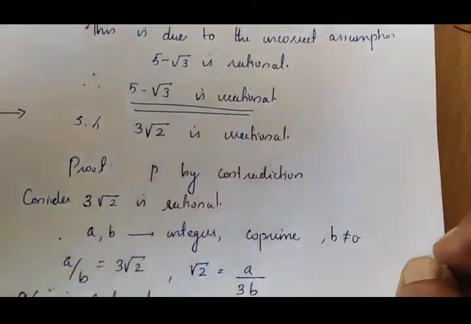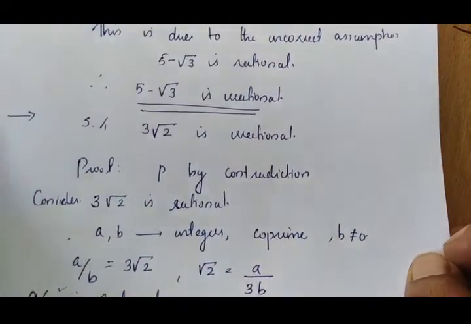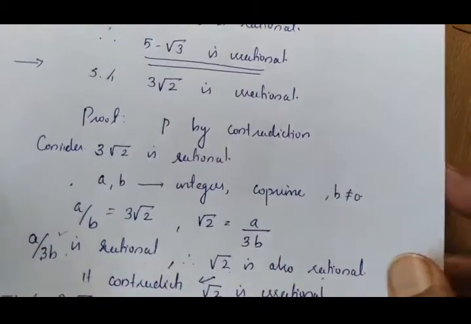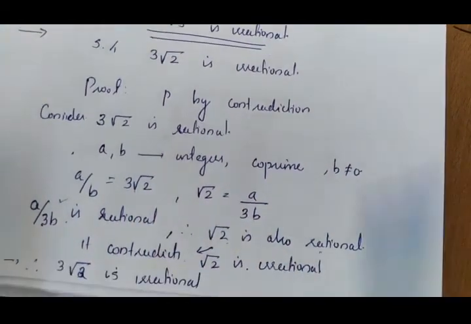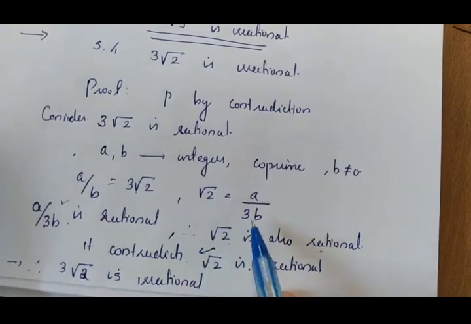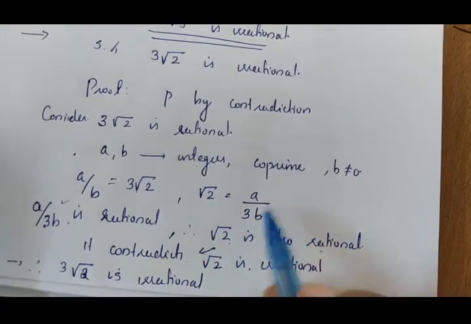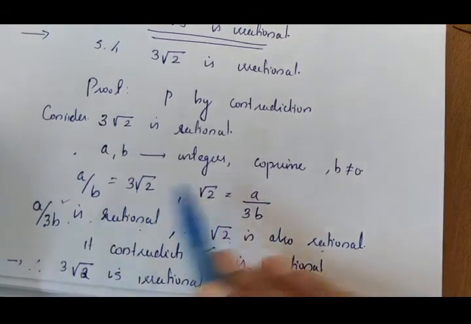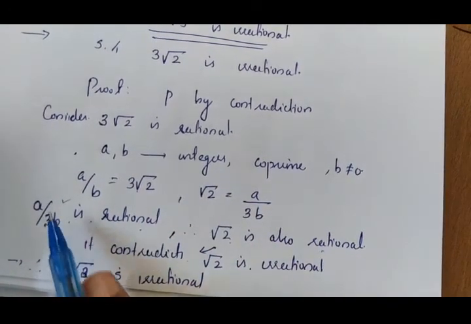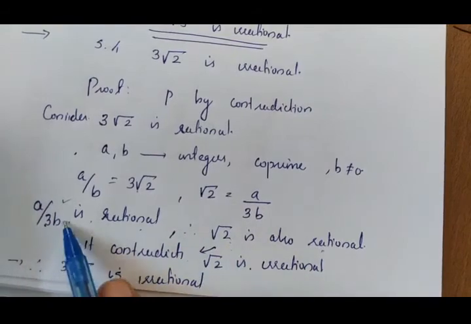In the second last question, 5 minus root 3 and 3 root 2 are proved irrational by using the same method, proof by contradiction. Here we also take a by b equal to 3 root 2. We rewrite the equation as root 2 is equal to a divided by 3b. Since a and b are integers, a divided by 3b is rational.